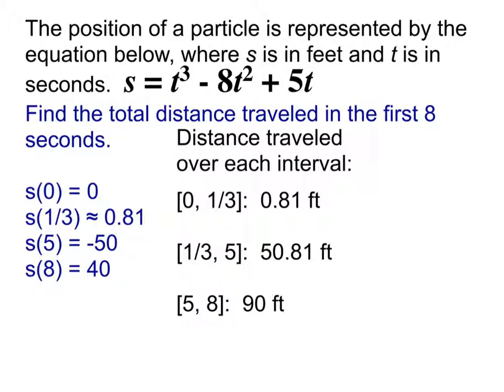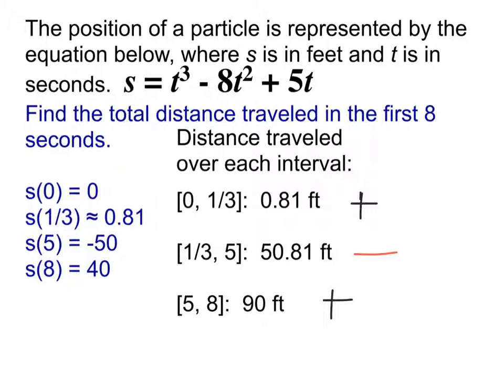Each of those intervals then shows how far it traveled. The fact that this was the positive direction, this was moving in the negative direction, and this was moving in the positive direction doesn't change that. We're just looking at how far it traveled between those turning points where we change direction. The last thing we need to do is figure out the total distance traveled.